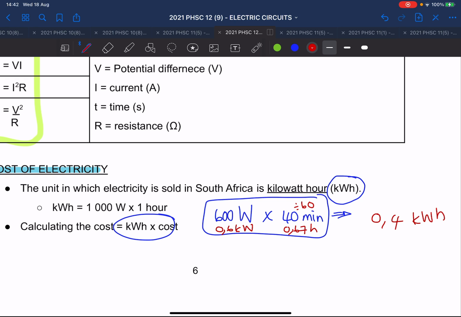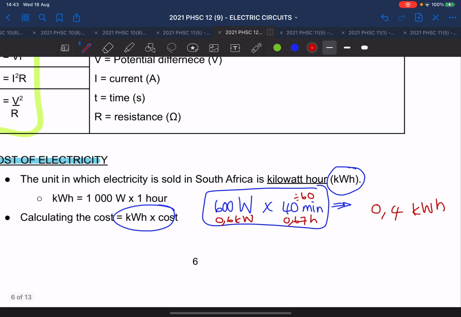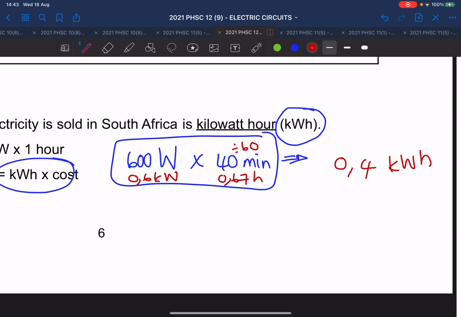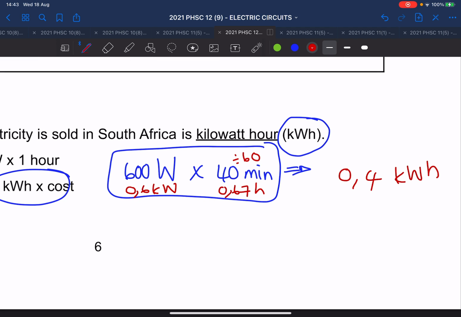How much does 1 unit cost? It depends what time of the month you buy, how much you buy, where you live. Are you legally purchasing units? How much is a unit?